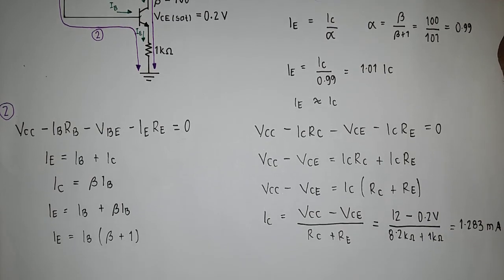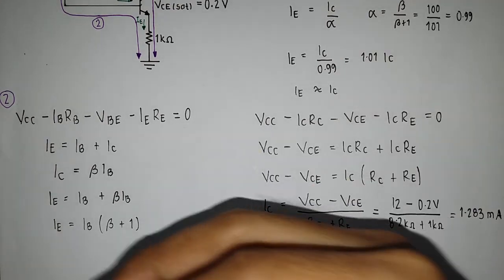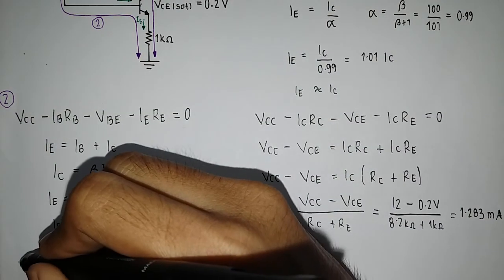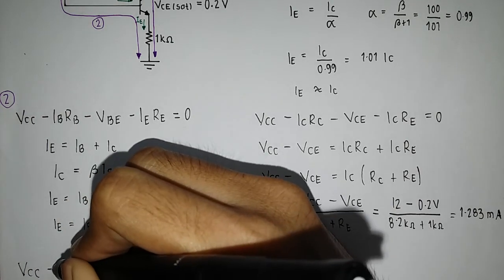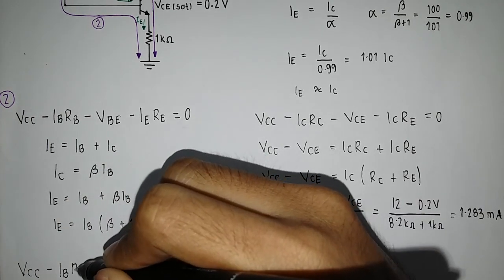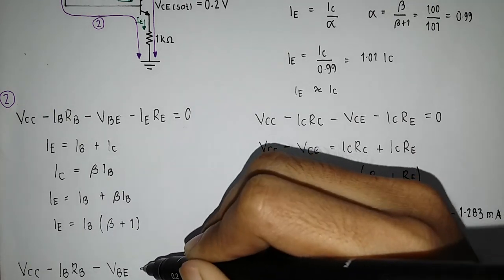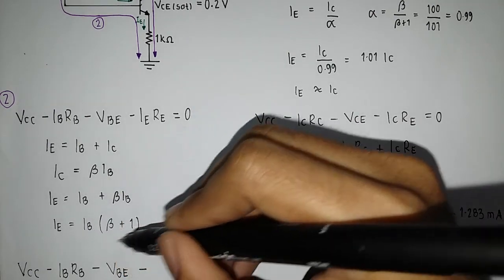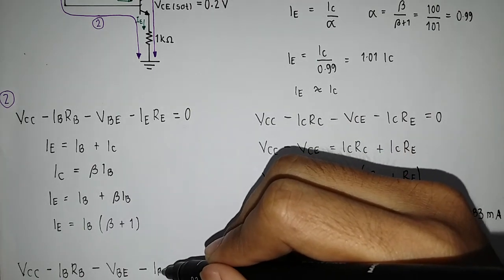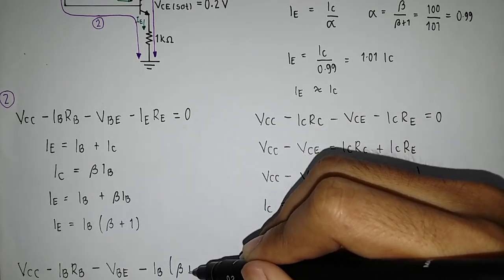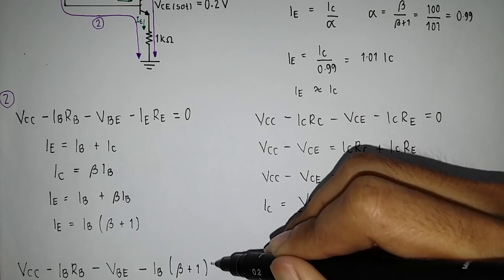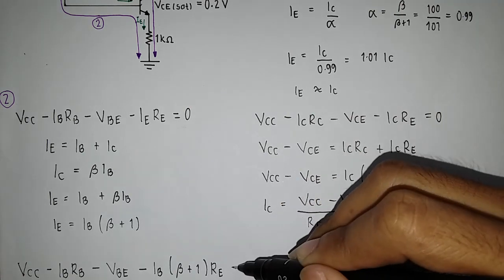So makukuha natin, sa original equation, VCC minus IBRB minus VBE, minus, substitute na natin IB times beta plus 1 times RE. That is equal to 0.